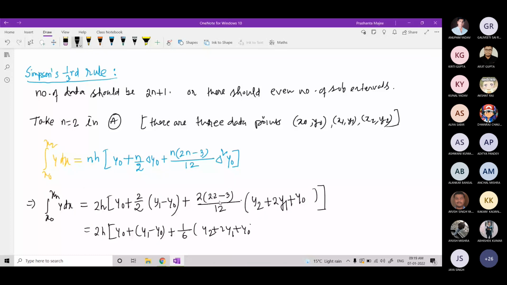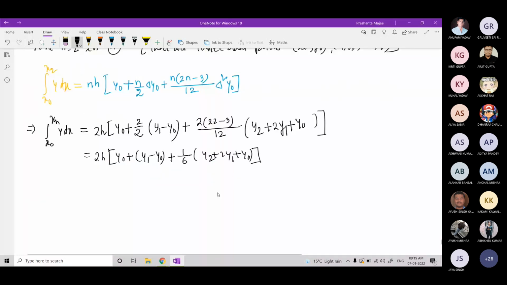So you have to simplify all the terms. So here y0 will be cancelled out. What are you getting?